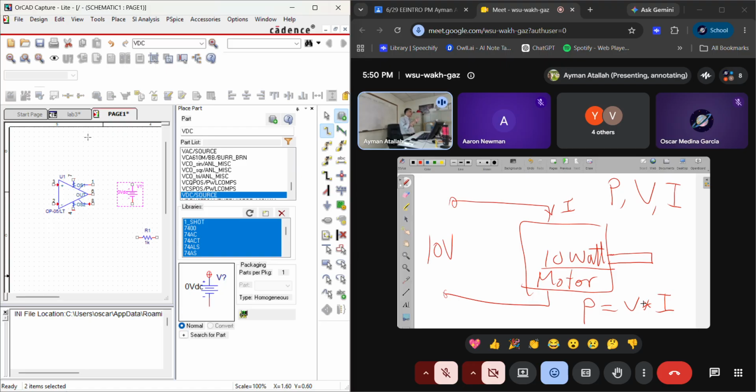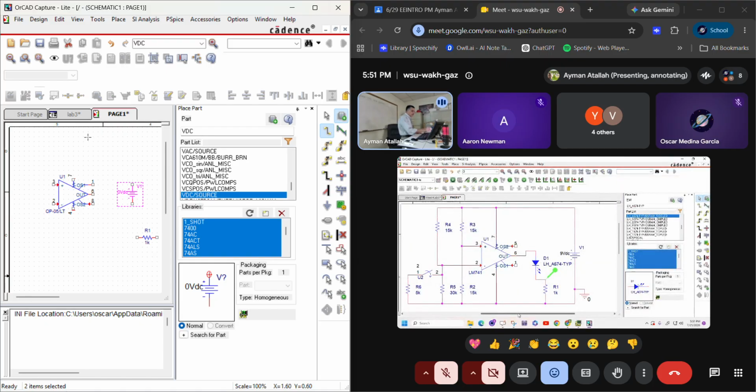So the motor is 10 watt, the voltage is 10, so 10 equals 10 times I. What is the value of I? 1 ampere.